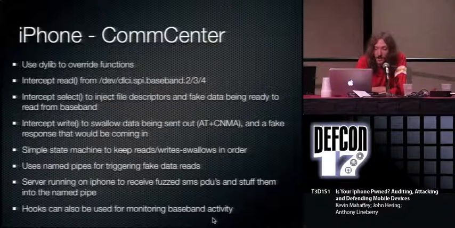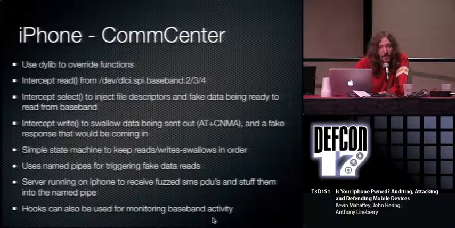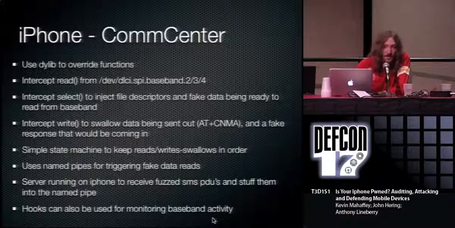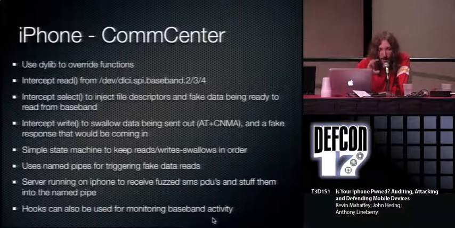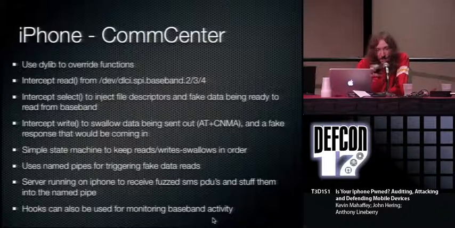The way we did this was we had a named pipe, and a standalone binary running as the injector. We would send our fuzz packets at that. That would stuff them into the named pipe, and the dynamic library that was hooking all of these calls would take that named pipe file descriptor that it had open and stuff that into the FD set for select along with all the baseband file descriptors.